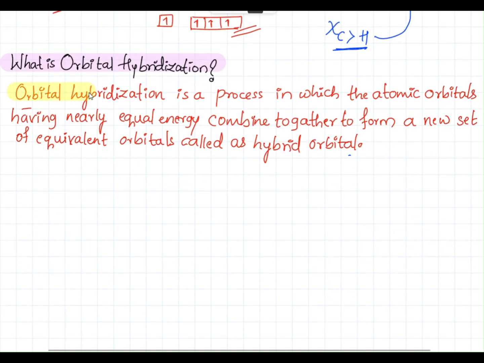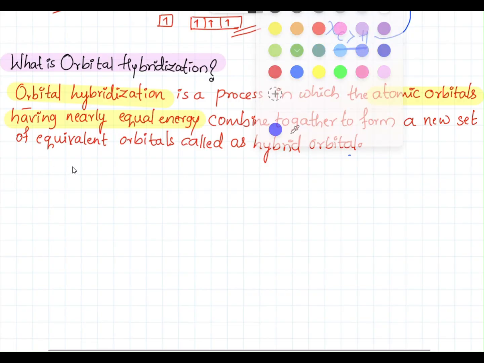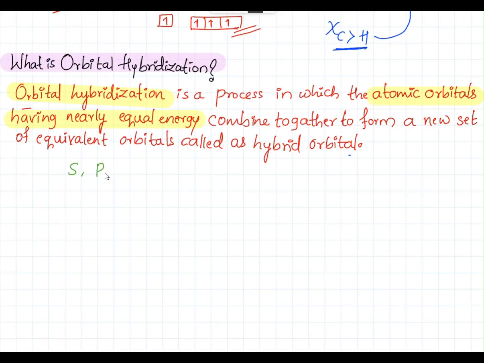Nearly equal energy means, we know about s, p, d and f, right? The energy difference between s and p is less, but between s and d it is more, and between s and f it is still more.